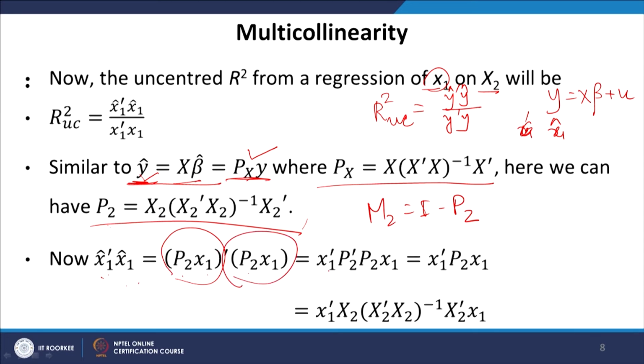Now, expanding, I have x1 prime P2 x1, and now we replace the value of P2 with its expression. So x1 prime x2 (x2 prime x2) inverse x2 prime x1. This is what I have got for x1 hat prime x1 hat.